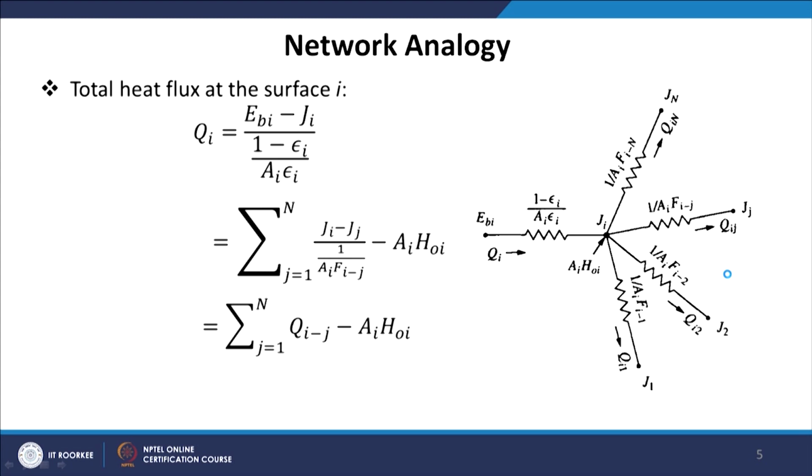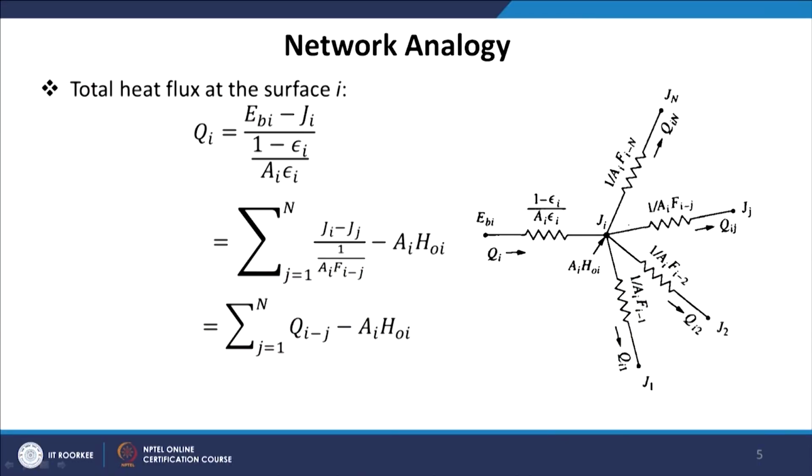We can have multiple surfaces in an enclosure. We can represent the enclosure with finite area surfaces. There may be n surfaces in all. For these n surfaces we can define junctions.